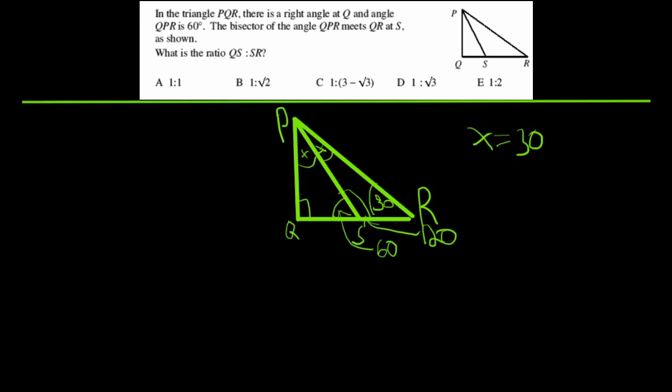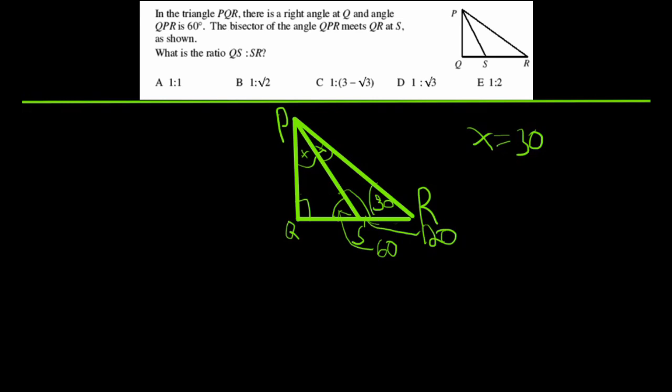Okay, so we can clearly see that triangle SPR is isosceles because it has two equal angles of 30 degrees. And by the way, there are actually two ways of solving this, and I'll cover both of them. So this is the first method.